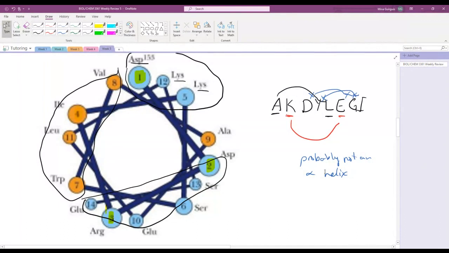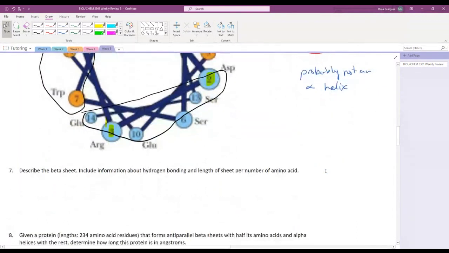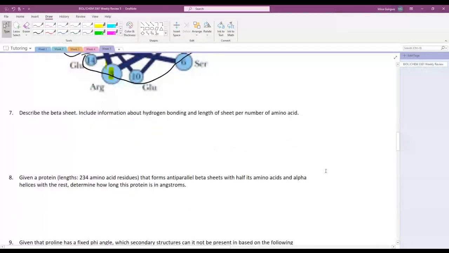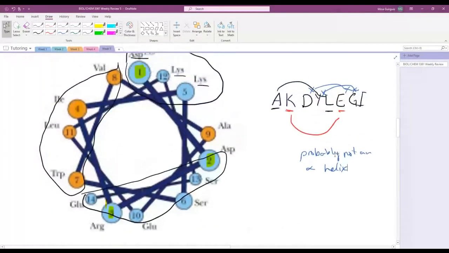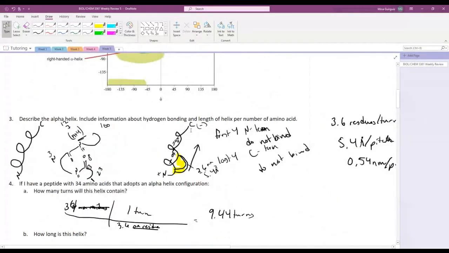All right, so I'm going to go ahead and shift gears now to the beta sheets. Oh, this one's a good, oh, hang on. Got it. So the 1 to 4 distance is important, exactly. So up here in number 3, we talked about how you get that hydrogen bonding between the C terminus of amino acid N and the N terminus of the fourth one later, so of N+4.